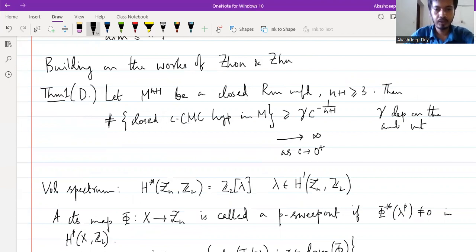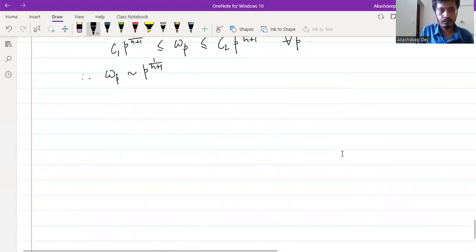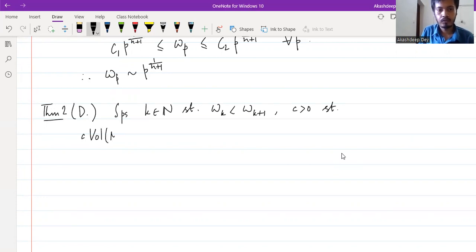Theorem 1 follows from the following theorem 2, which was proved in the same paper. Suppose k is a natural number such that omega_k is strictly less than omega_{k+1}, and C greater than 0 such that C times volume of M is less than omega_{k+1} minus omega_k.